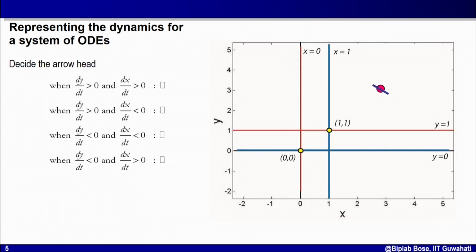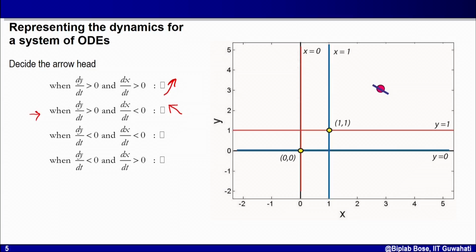What we can do is like this. Suppose dy/dt is greater than 0 and dx/dt is also greater than 0. That means with time both x and y will increase, and I will put an arrow pointing up to the right. When dy/dt is greater than 0, that means y is increasing with time, and dx/dt is less than 0, that means x is decreasing with time, then I can have an arrow like this.